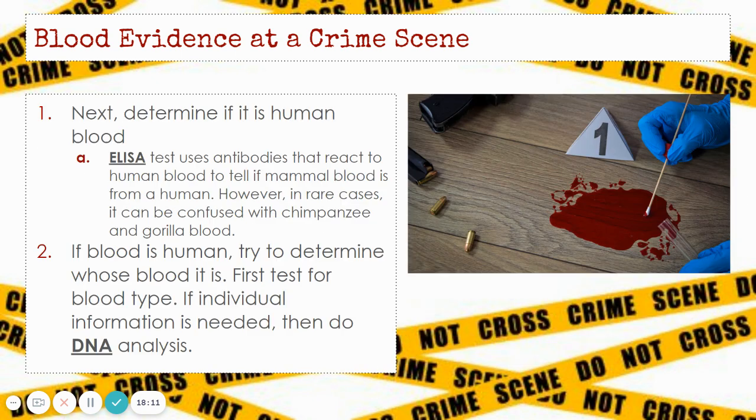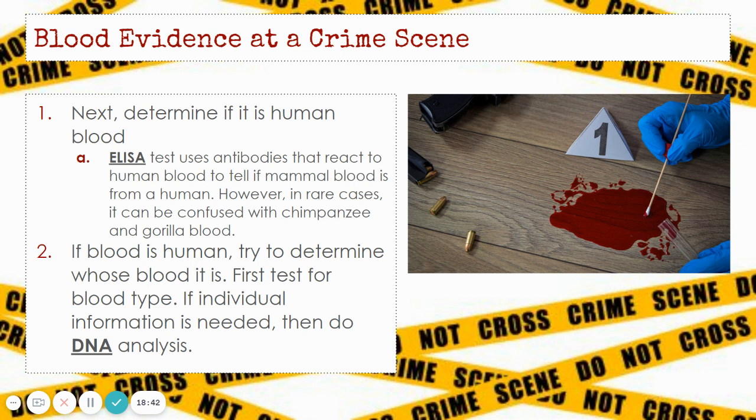Once we determine that it is blood, not always, but many times we need to determine if it is actually human blood. For example, if a crime takes place on a farm, we need to make sure that it is human blood and not blood from a cow or a pig or something like that. There's a test called an ELISA test that uses antibodies for many different organisms, and it will react with human blood, and it will be able to distinguish other mammal blood from human blood.